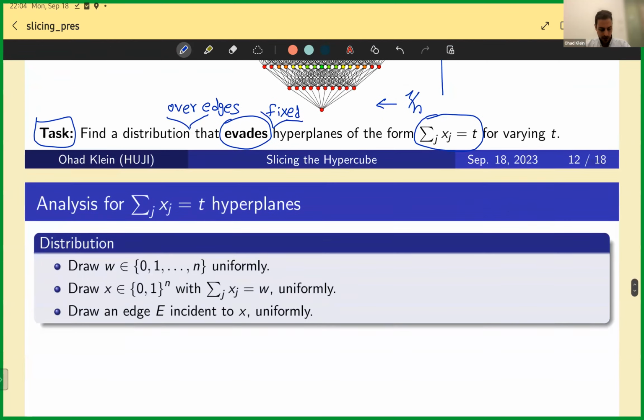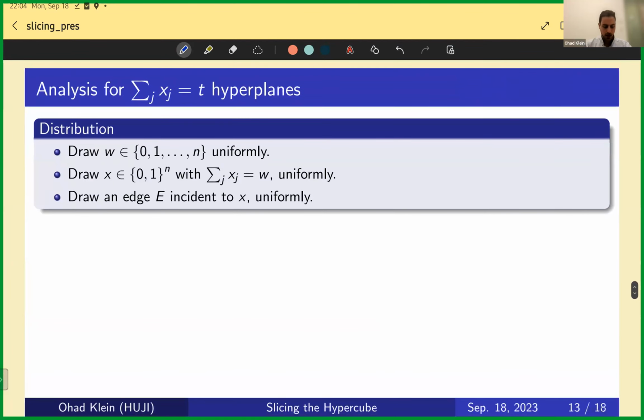Okay, so let us define this distribution a little bit more precisely. So we choose a uniformly random Hamming weight W. Then we choose a random vertex on the hypercube with Hamming weight equal to W. And then we choose a random edge that is incident to x among the n possibilities.